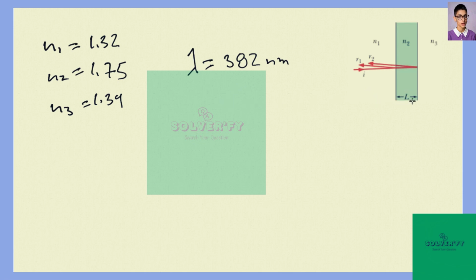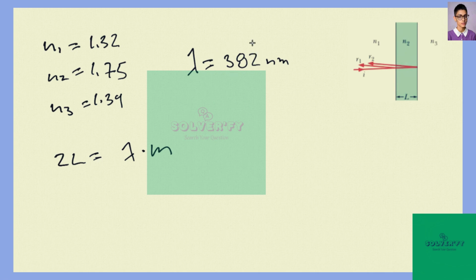So that means that the path length difference has to be some multiple of the wavelength. Now the path length difference is just the extra distance traveled by ray 2, which is twice this thickness L. So we have 2L must equal lambda times some integer m, where m is 1, 2, 3, 4, etc. But it's not actually lambda because it's lambda in the material.